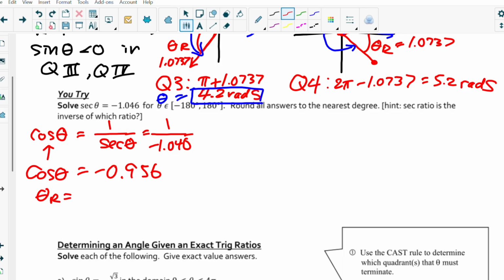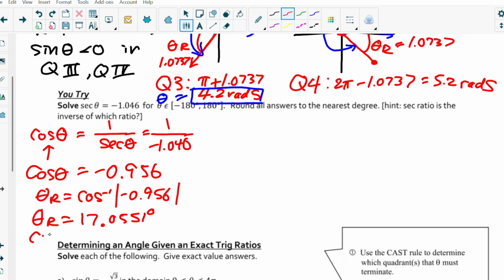Then I'm going to find the reference angle, inverse cosine. Remember, it's the absolute value of negative 0.956. And then my theta r value equals 17.0551 degrees.